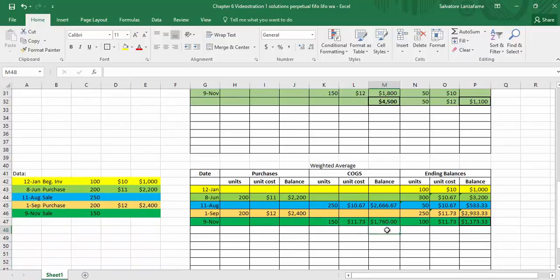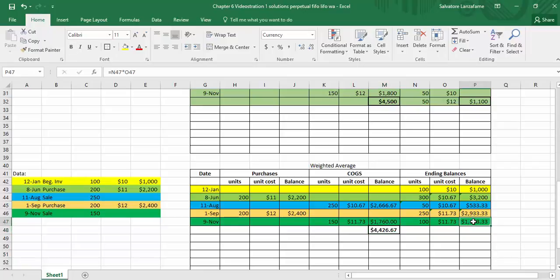In terms of the cost of goods sold total, if we add our two cost of goods sold amounts, this answer should be between the two cost of goods sold amounts that we saw for FIFO and LIFO. So let's take a look at it. We got 4,426.67. And let me just put that in bold.